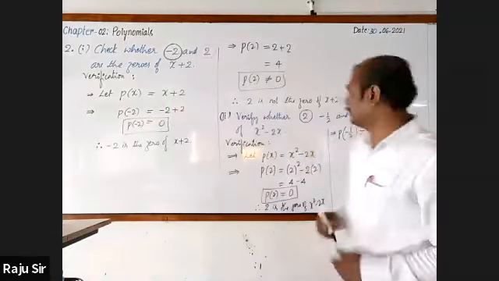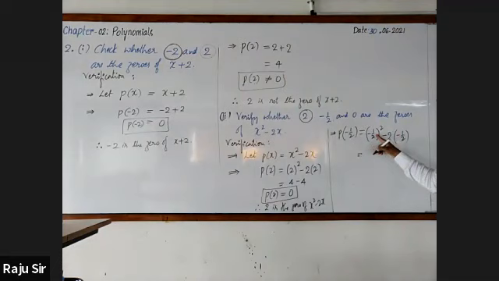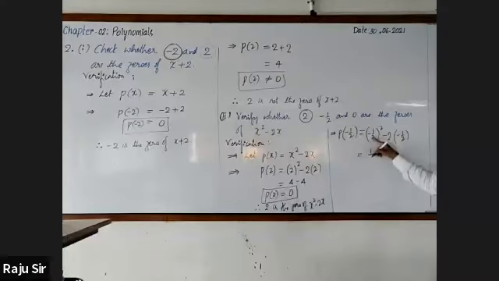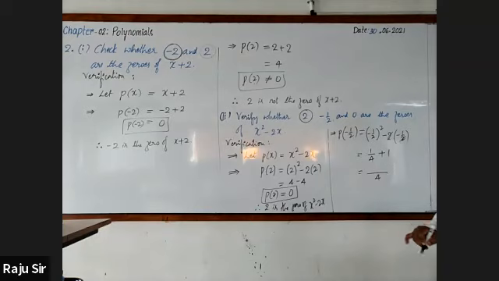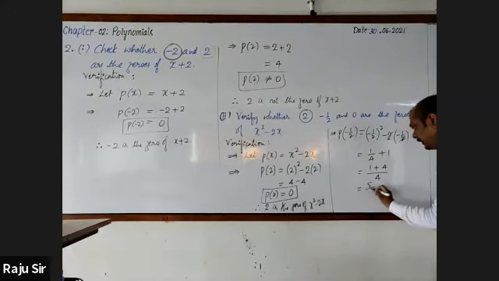Now it is equal to 1 by 4, since minus 1 by 2 whole square is 1 by 4. Here 2 and 2 get cancelled. Minus into minus is plus 1. Take LCM and simplify. LCM is 4. Multiply LCM with the first term, you'll get 1. With the second term, 1 into 4 is 4. It will be 5 by 4.